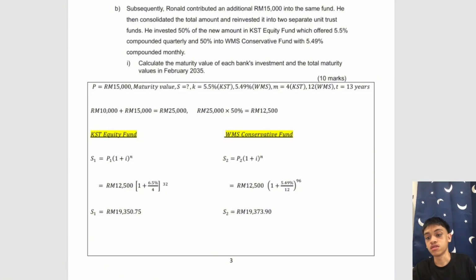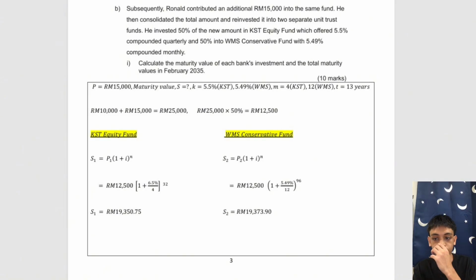First, you need to add 10,000 with 15,000 to get 25,000. After you get 25,000, you need to multiply it by 50% and you'll get 12,500. After you get 12,500, we need to find the maturity value for KSD equity fund.